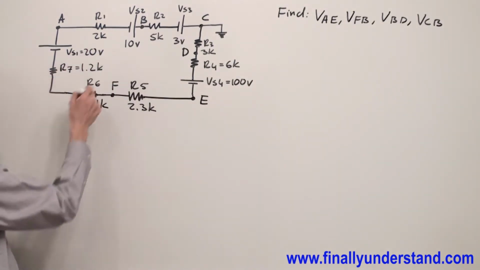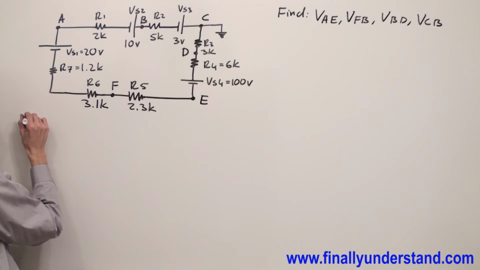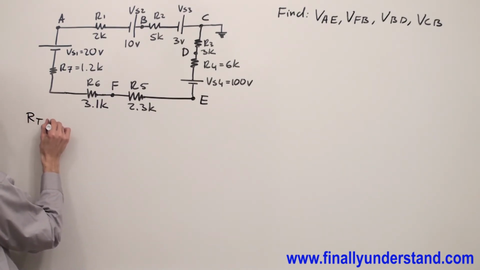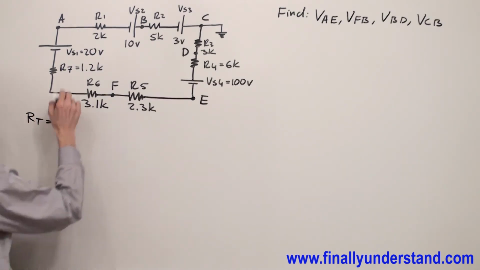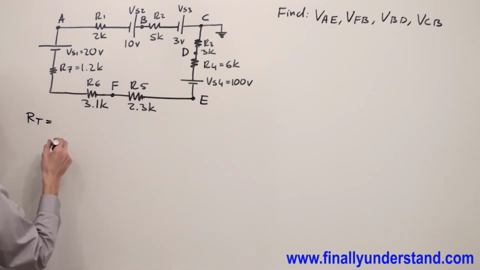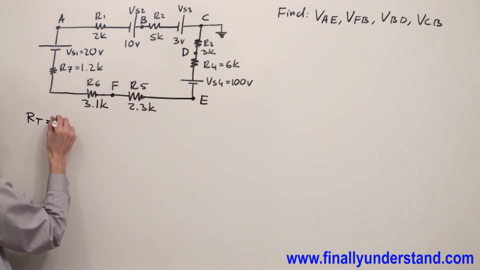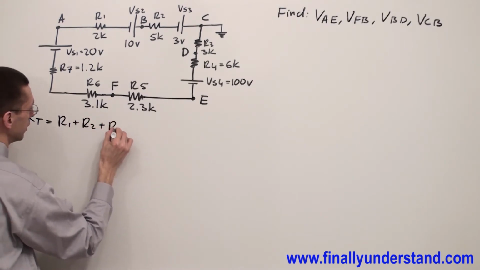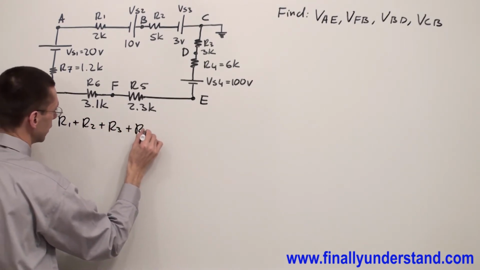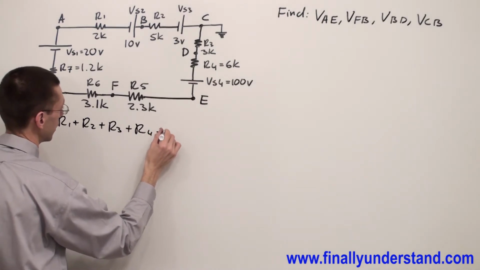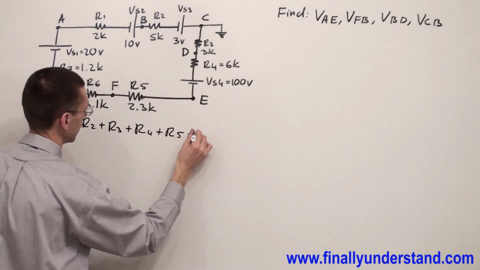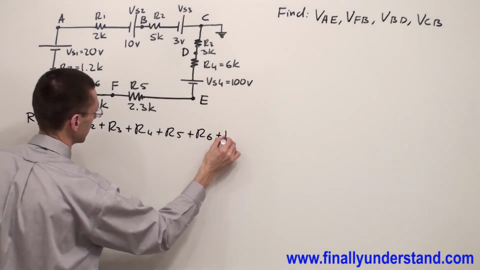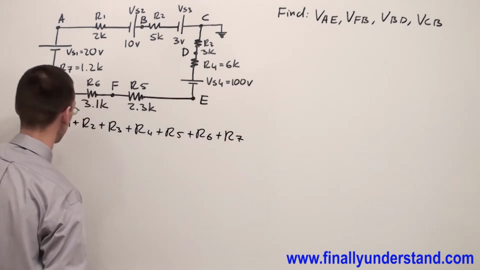This is a series circuit, and the formula for a series circuit is nothing else, just the total resistance is equal to the sum of all resistances in the circuit. R total is equal to R1 plus R2 plus R3 plus R4 plus R5 plus R6 plus R7.